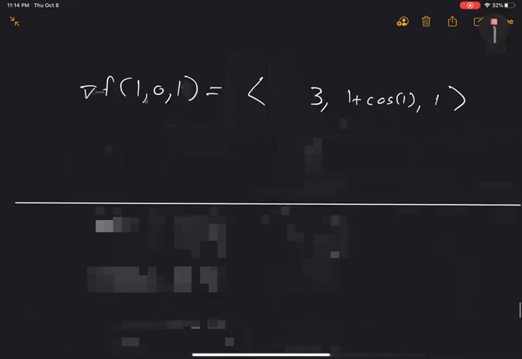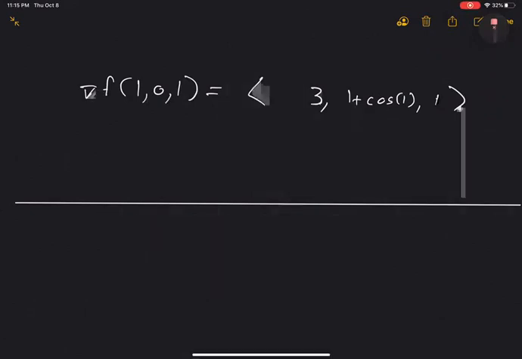All right, that about wraps up 14.6. They talk about tangent planes to level surfaces. You can take a look at that if you like. It shouldn't come up in WebAssign. It's not to say it's not important or anything, but you can take a look at that.